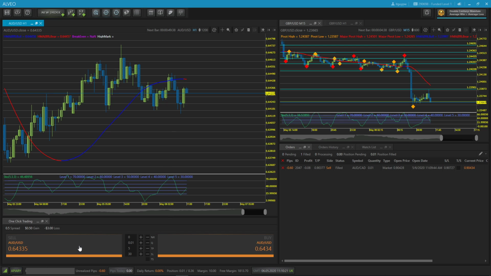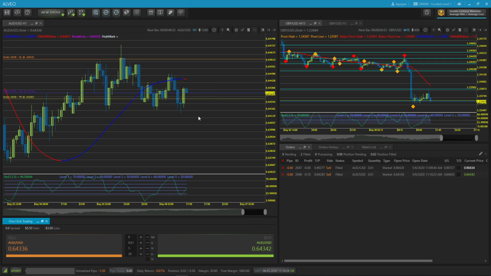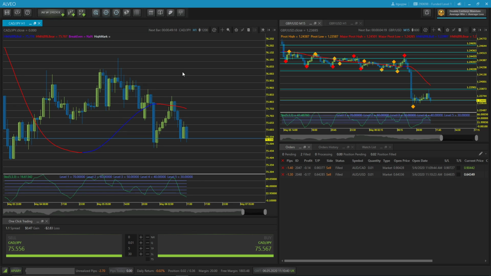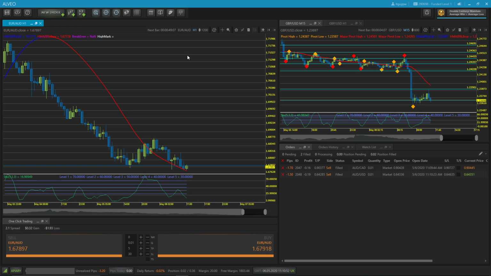I think I'm going to take this one just because that's where the momentum's going, so we'll see what happens on that. All right, this one's upside down.